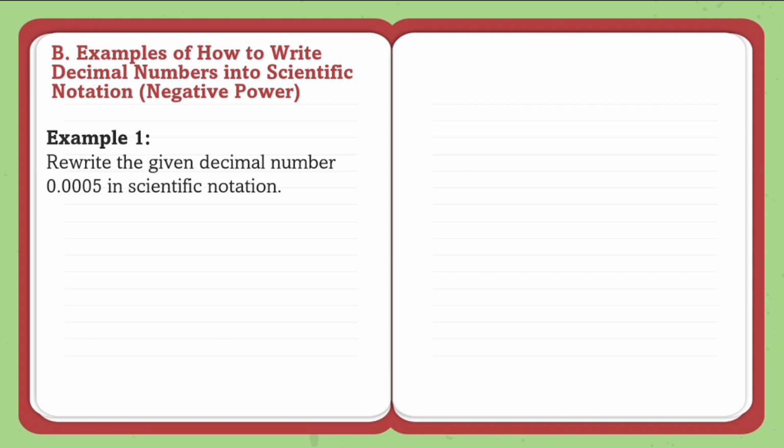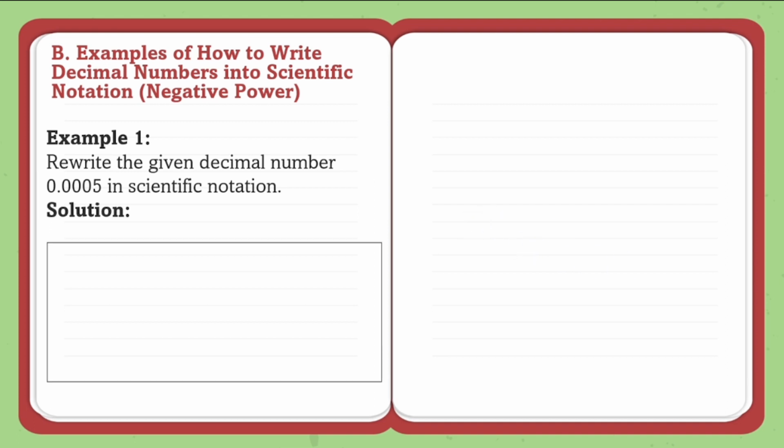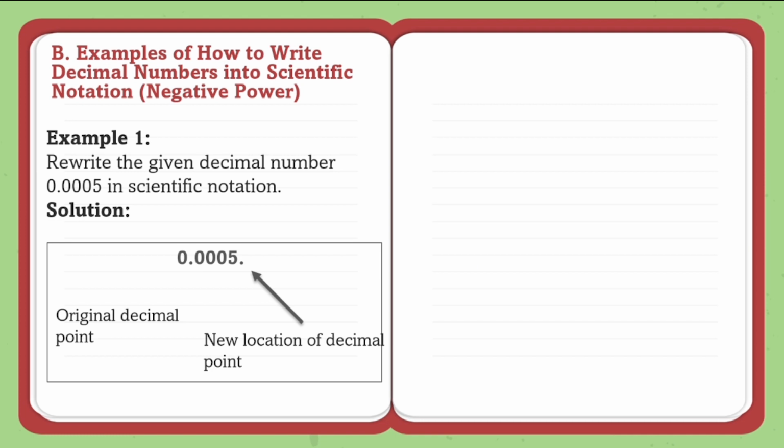It is obvious that the original point is to the left of the non-zero digit, so we will move the decimal point to the right. This is our new location of the decimal point, and this is our original decimal point.